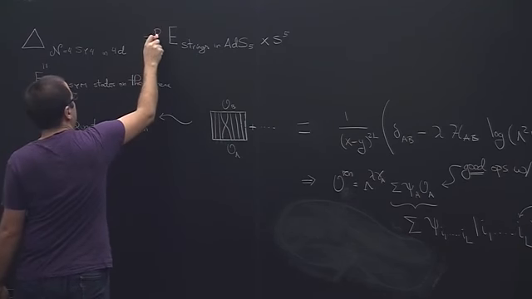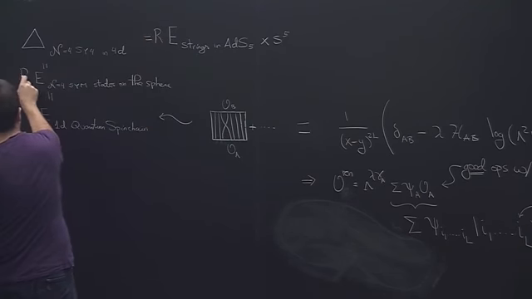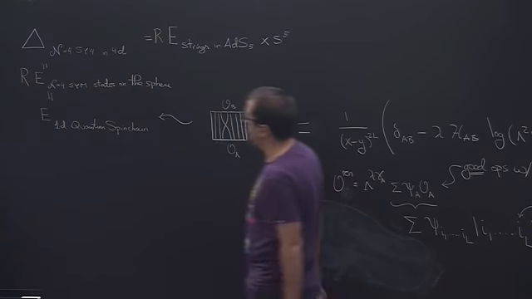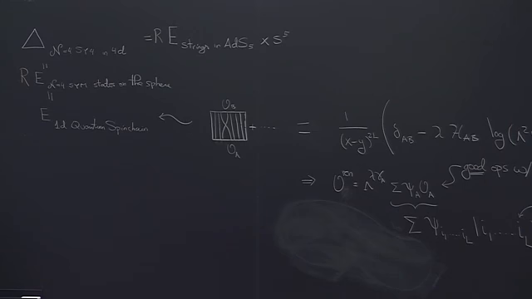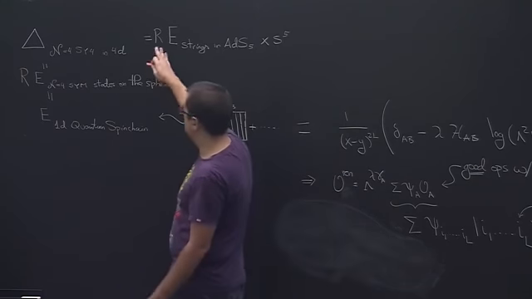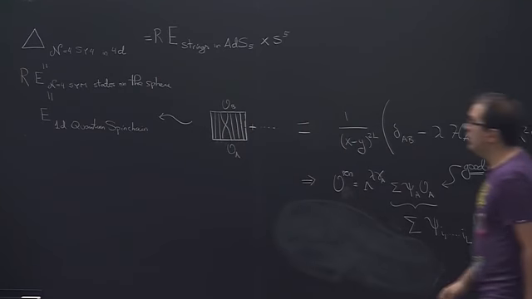If I want, I put the ADS radius here. Not here though. Here it's a dimensionless quantity. The eigenvalues of the Hamiltonian that we derived are numbers. They don't have any dimension. But in principle, the ADS radius would be here.